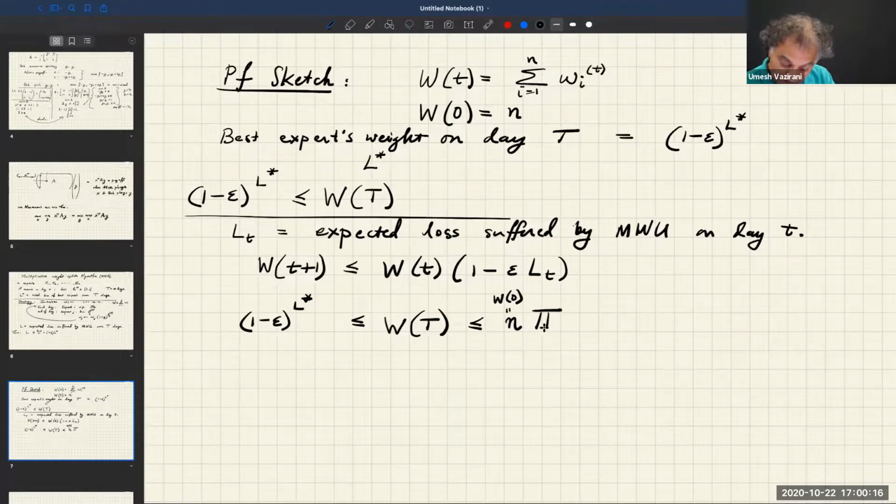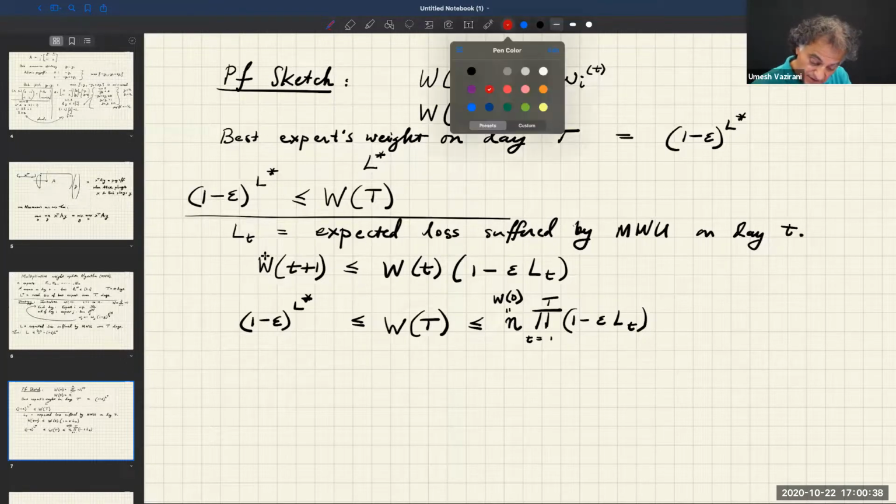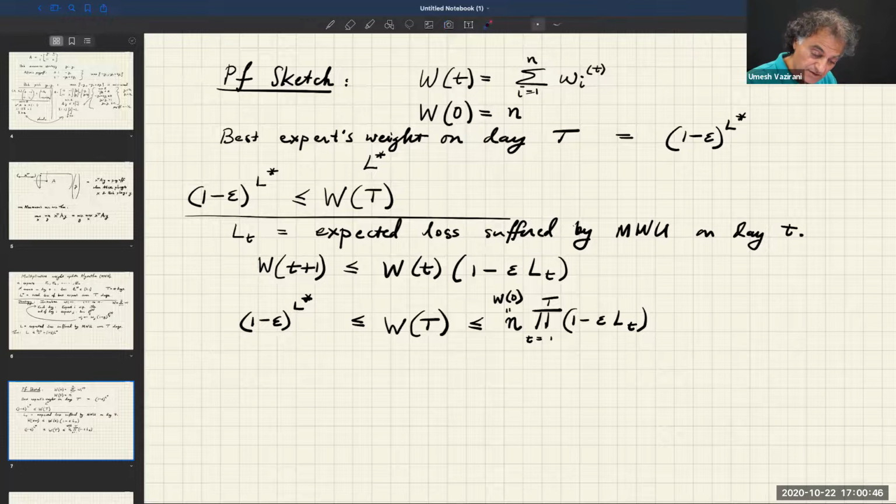So you get a product over t equal to 1 through t of (1 minus epsilon times L sub t). Because we know that the weight keeps falling at this rate, and so you can take this product and you get the bound.